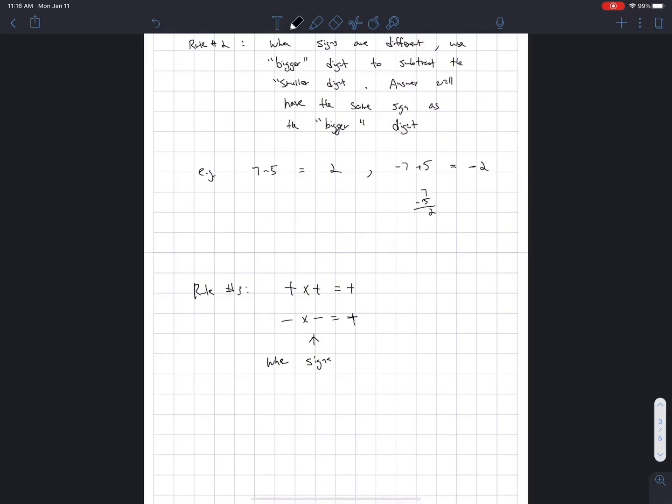When signs are the same and multiplying, dividing, or if they are just placed right next to each other, these are the rules that you want to use, and it will just become positive.